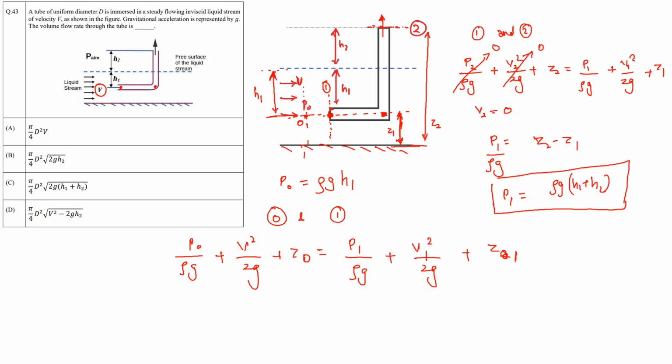Now since 0 and 1 are at the same height, Z1 and Z0 will cancel out.